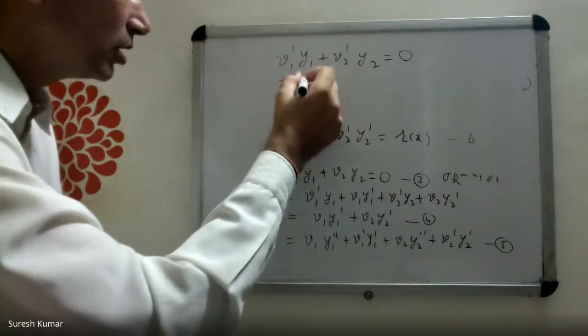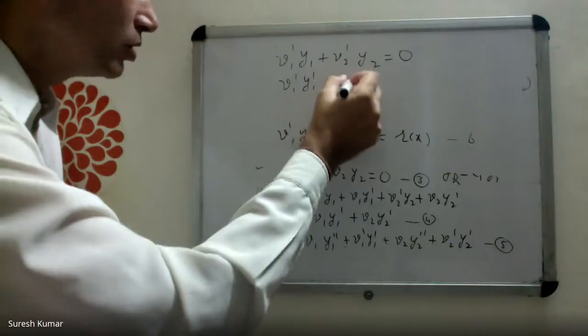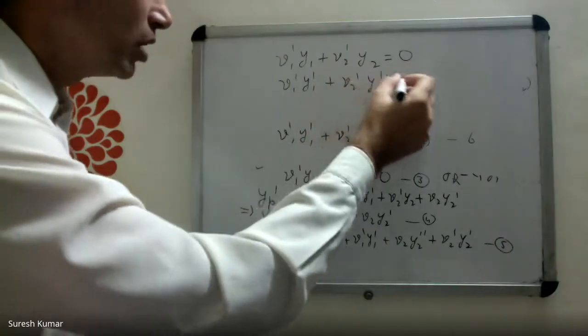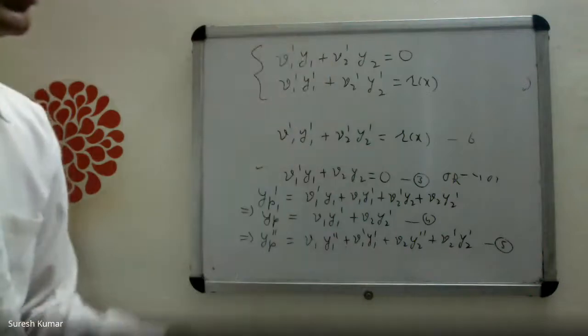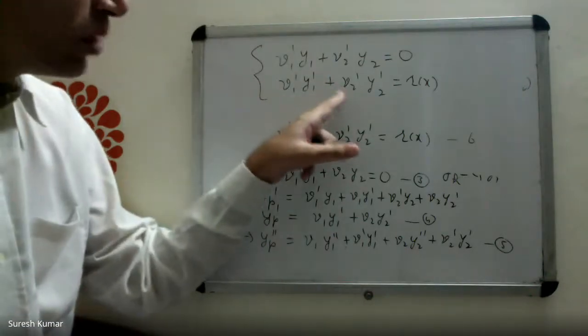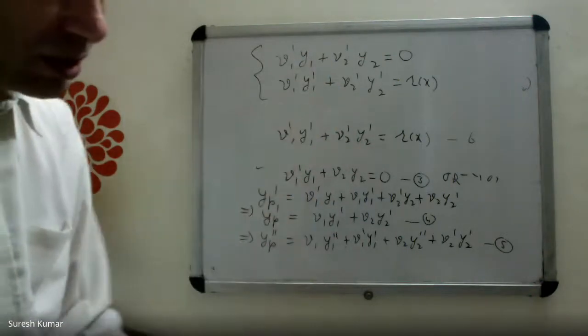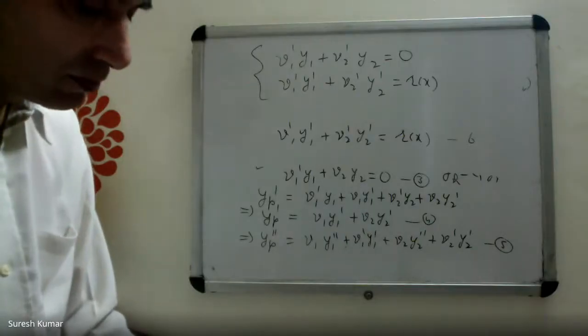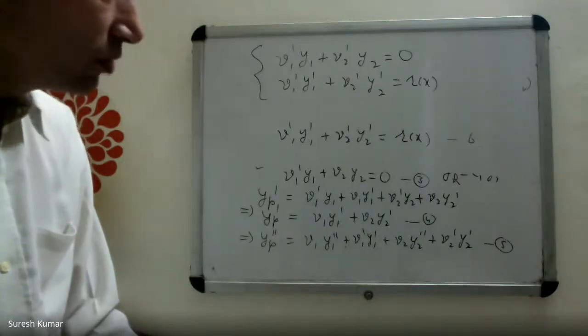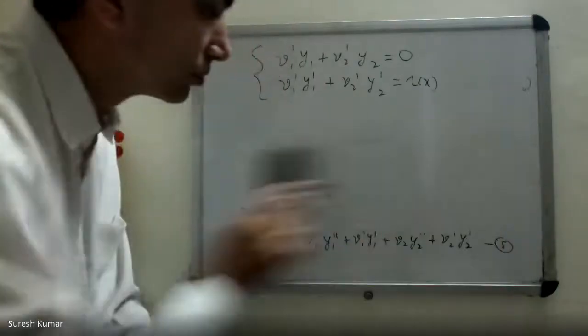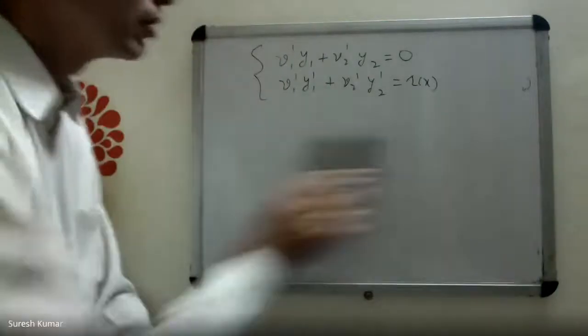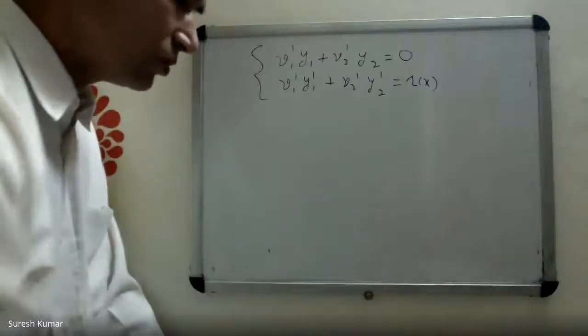Let me write it here: v1 prime y1 prime plus v2 prime y2 prime equal to rx. In v1 prime and v2 prime, this is a linear system of equations. You can easily find v1 prime and v2 prime from these two. See what you get for v1 prime.